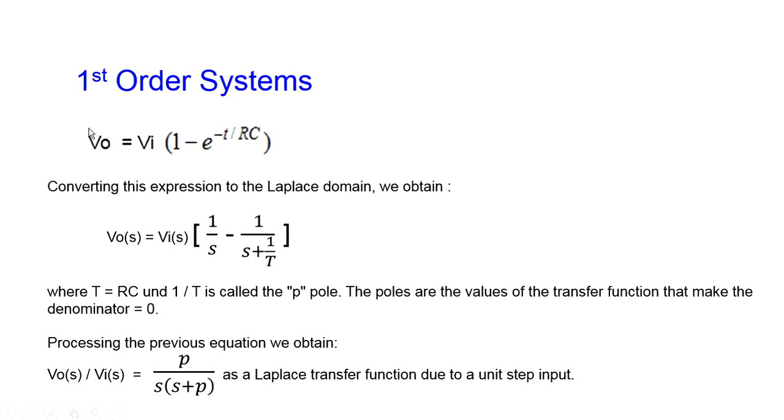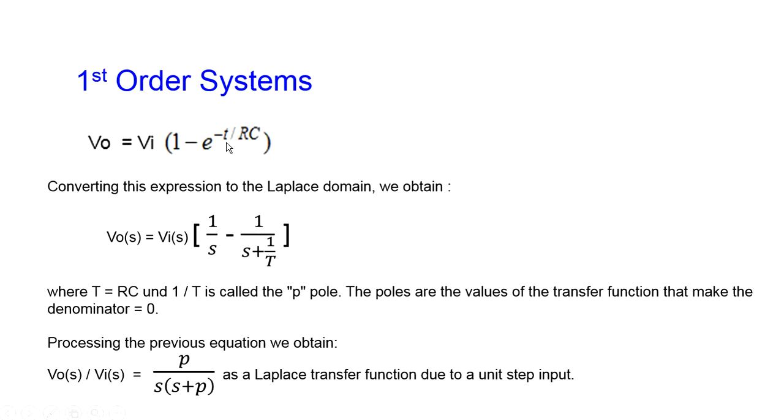Without entering into the details of converting a certain term from the time domain into the Laplace domain, when we have a constant, like here the number 1, and convert it from time to the Laplace domain, the constant will be divided by the variable s. So 1 corresponds to 1 divided by s, and the exponential corresponds to this term.